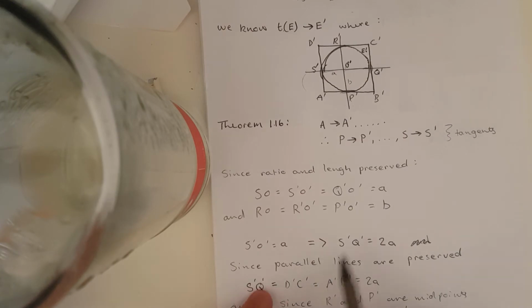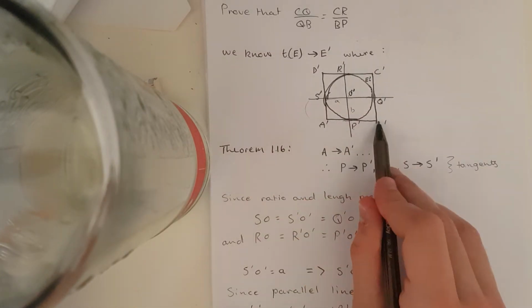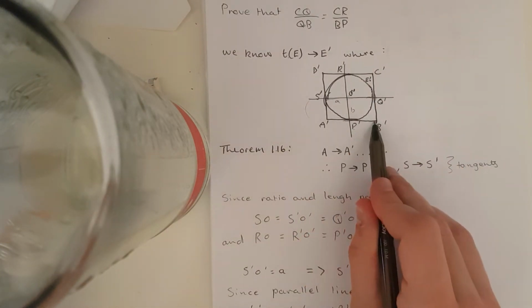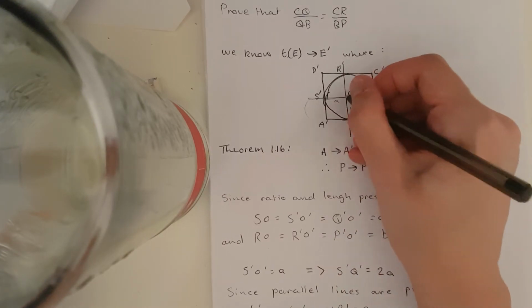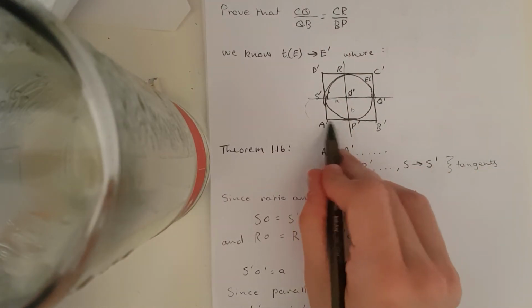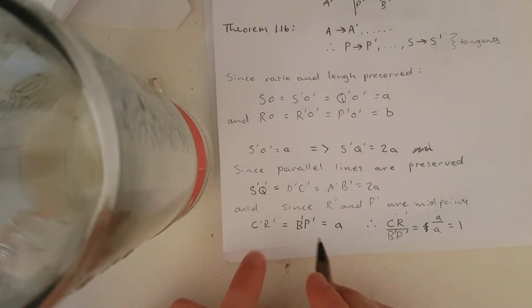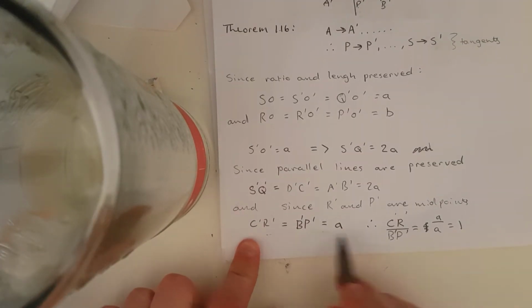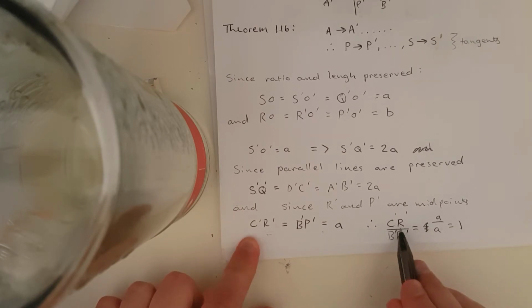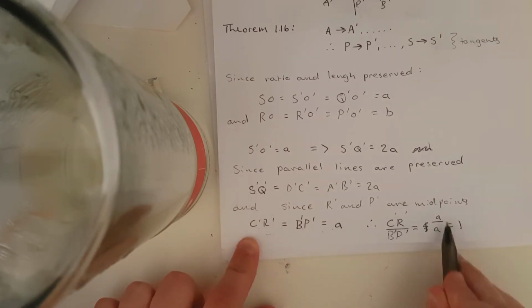So now we have SQ equals DC equals AB. These are all 2A. And since these points are midpoints, this will also be A respectively, shown here. Therefore, CR over BP equals A over A equals 1.